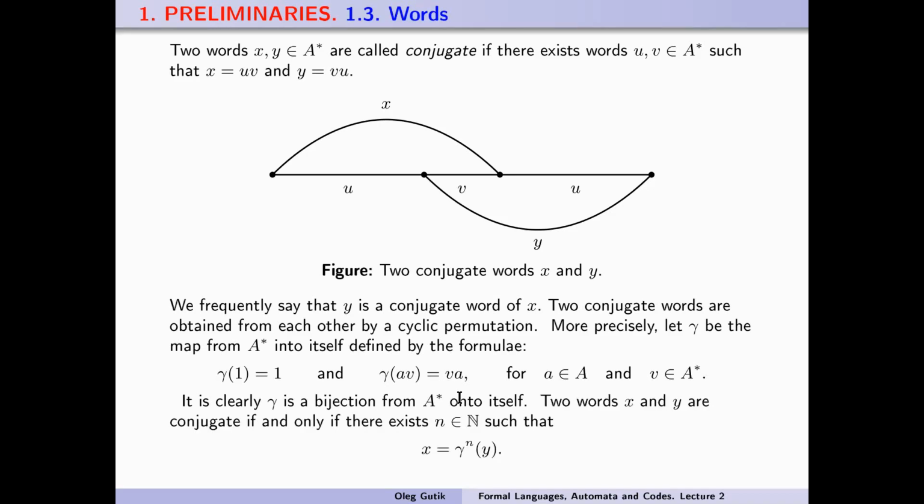Two words x and y are conjugate if and only if there exists a non-negative integer n such that x is equal to gamma to the power n of y. This means that we take n times the image by the map gamma of the element y.